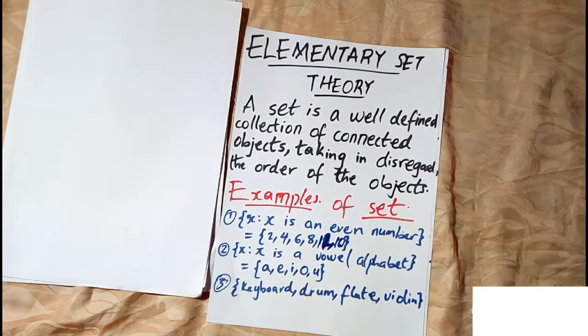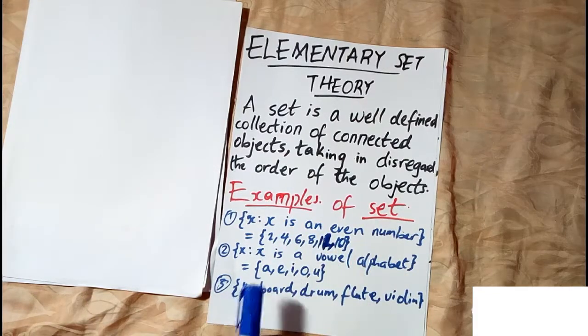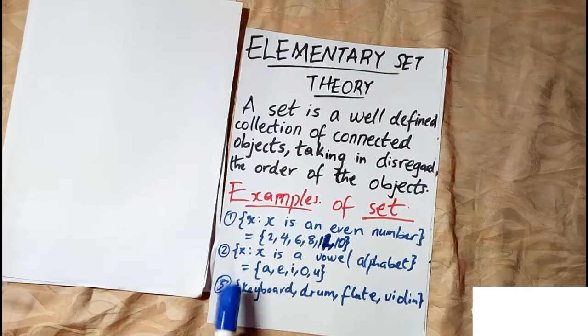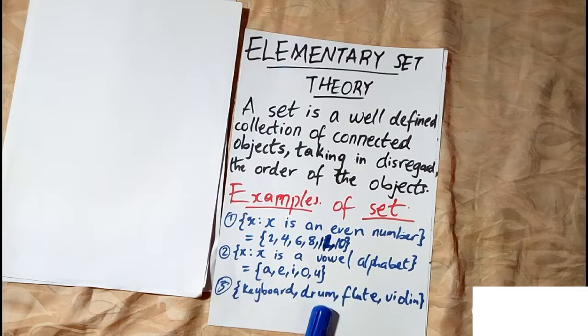With numbers, they are arranged automatically, but if we look at our musical instruments, there's no way we can say a keyboard is supposed to be before a drum, before a flute. So we are not going to consider their order. That's what a set is all about, just a collection of well-defined objects.